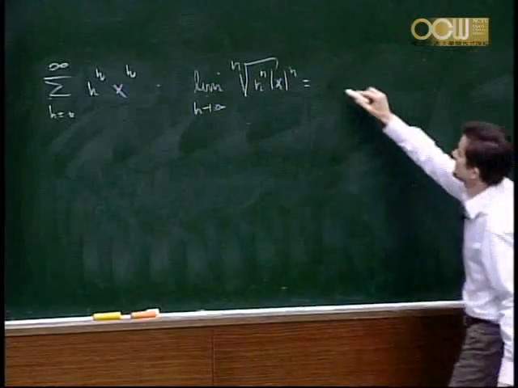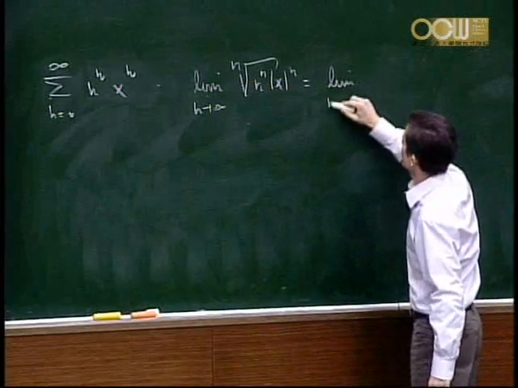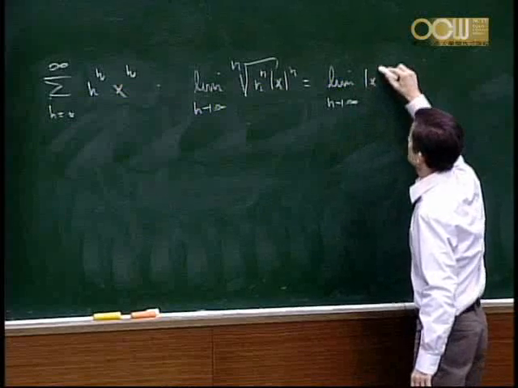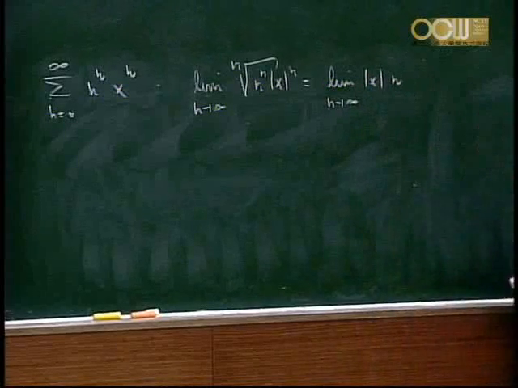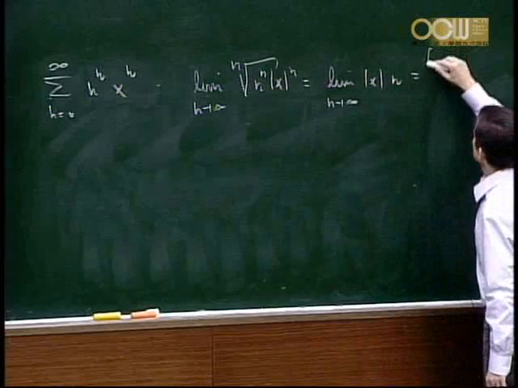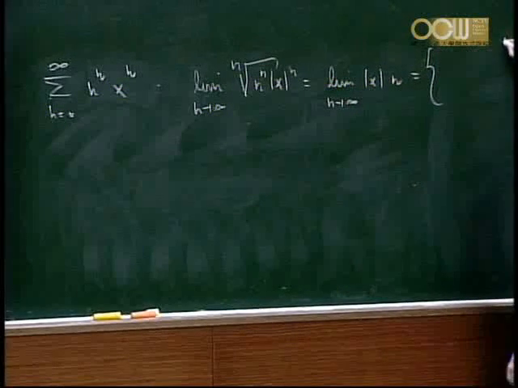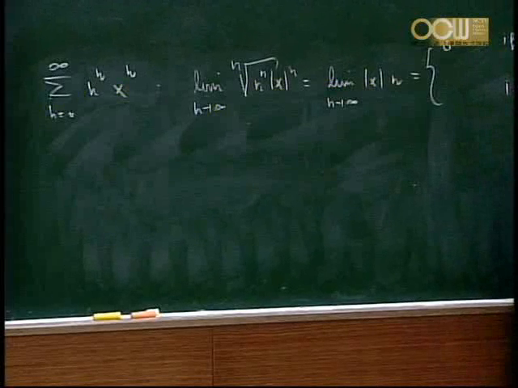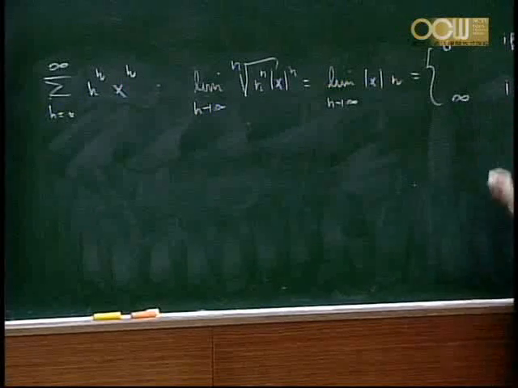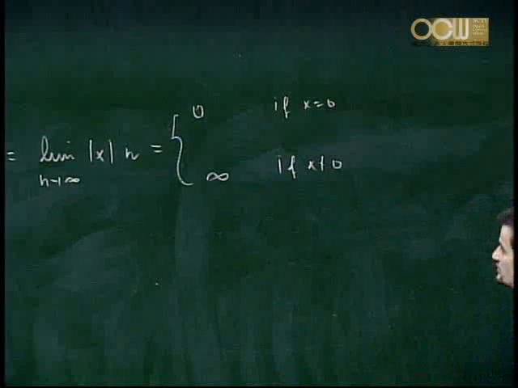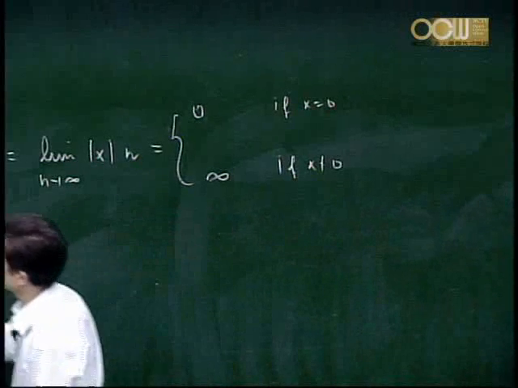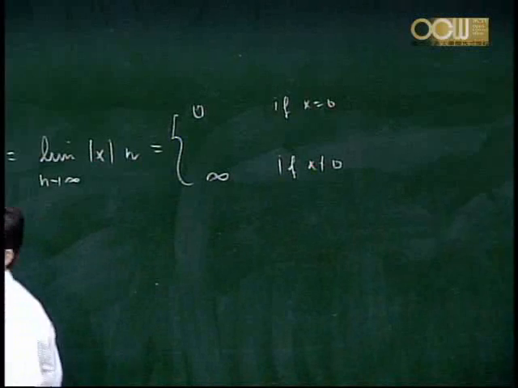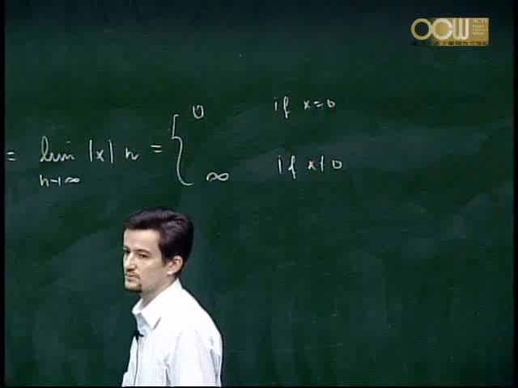So you see that this is the limit as n tends to infinity of the absolute value of x times n. And you have here two cases. Namely, if x is equal to 0, then this will be 0. And if x is not equal to 0, this will be infinity. Which tells you that this series is convergent only at x is equal to 0.